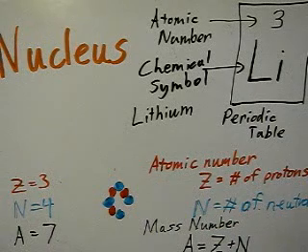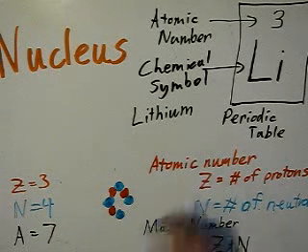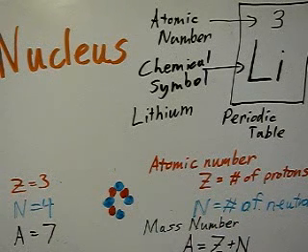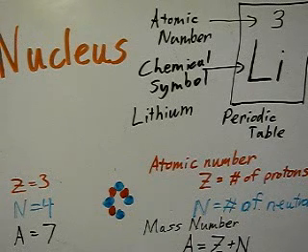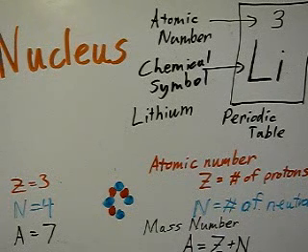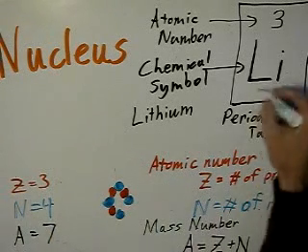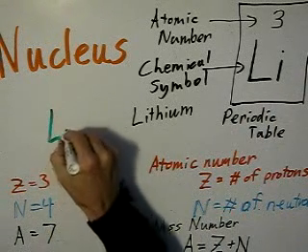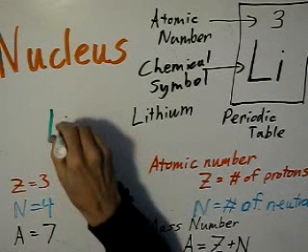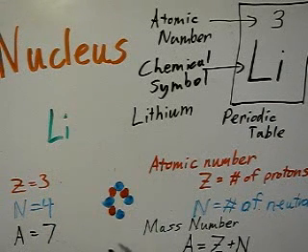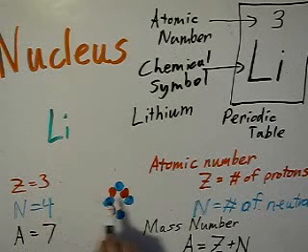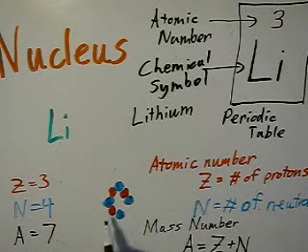So we'd like to have a shorthand to write down what this nucleus is. And the conventional way we do it is like this. I write down the chemical symbol Li. That tells me that I'm dealing with a lithium atom, and the lithium atom must have 3 protons: 1, 2, 3.